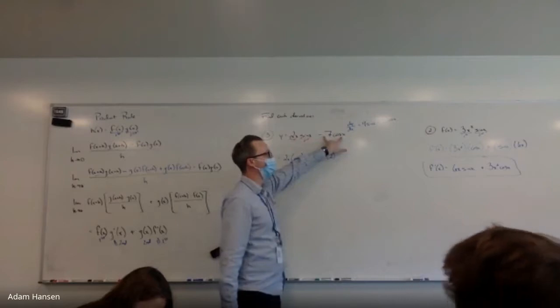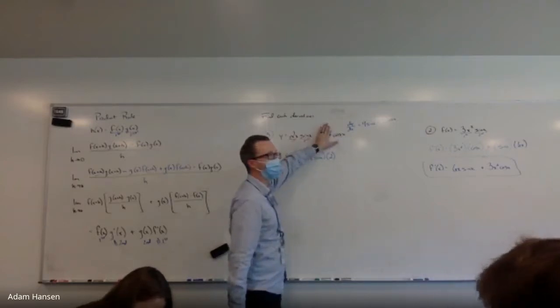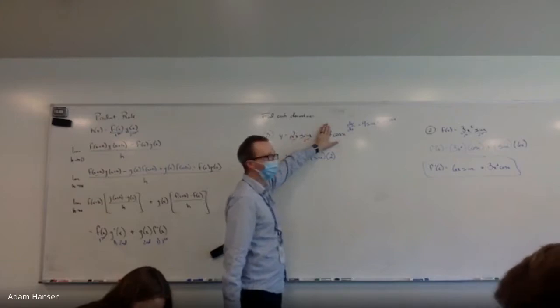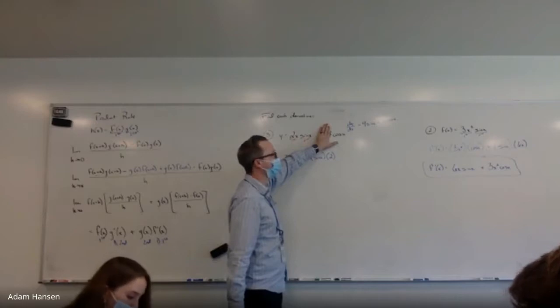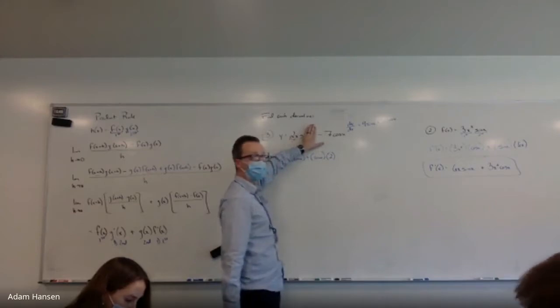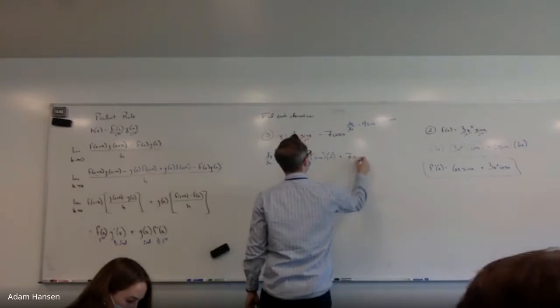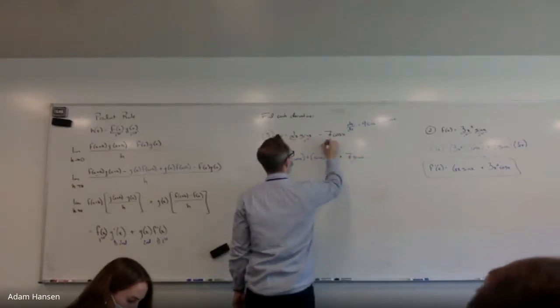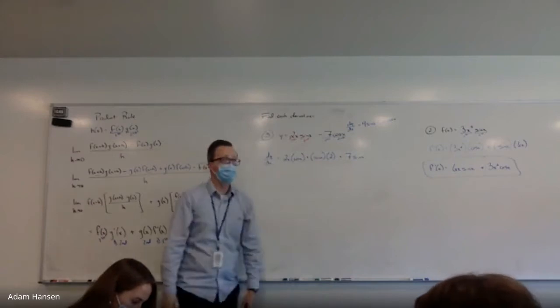Derivative of 7 cosine x. That would be 7 times the derivative of cosine. I don't need the product rule here. You could, but you don't have to. I think there's a quicker way to do it. What's the derivative of cosine x? Negative sine. So this would be negative 7 times negative sine x, or positive 7 sine x. If you wanted to call this the first and this the second, and then do product rule, you could.